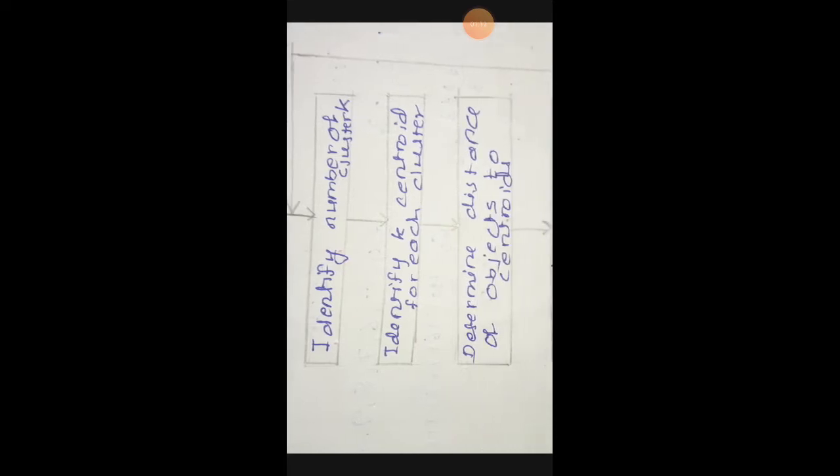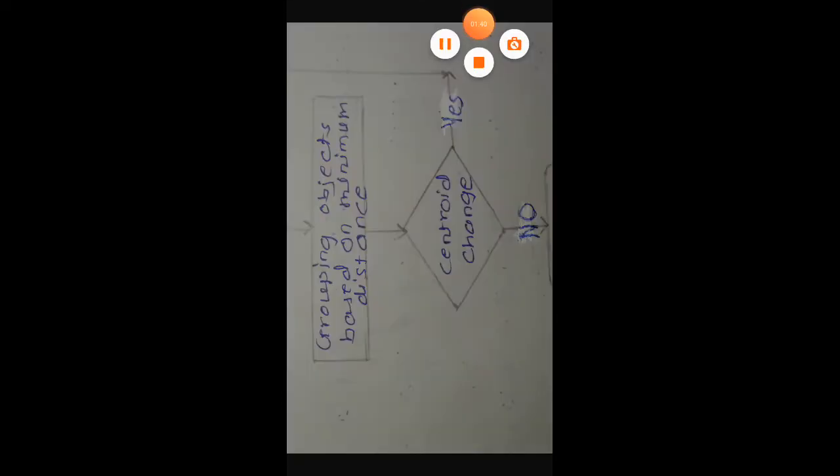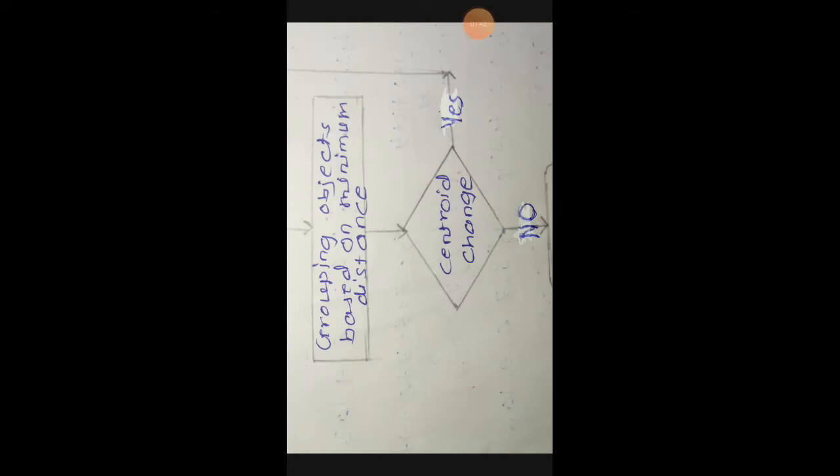Then determine the distance of each object to the centroids. Then group objects based on the minimum distance. Now you are getting another centroid, and if you are getting the same centroid as we have decided or assumed previously, then stop the procedure.